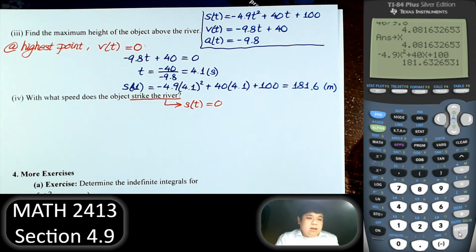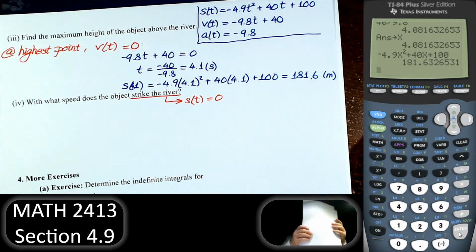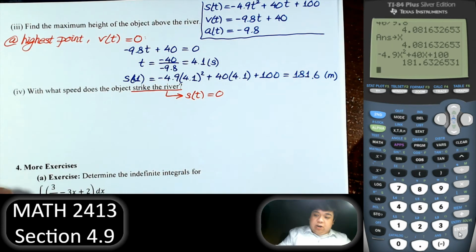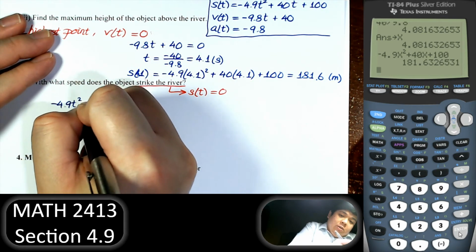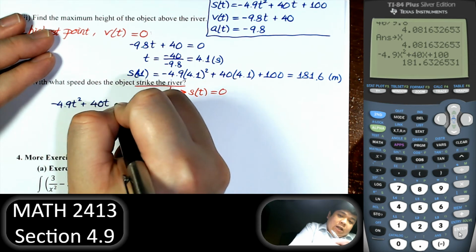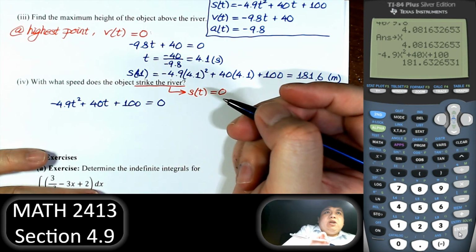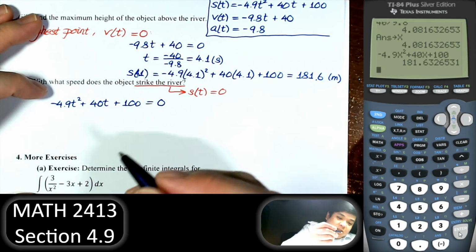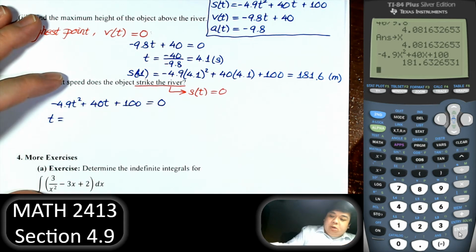Because we assume that the distance is above the river. So in that case, I will let this function equal 0. So we have negative 4.9 t squared plus 40 t plus 100 equal to 0. Of course, we just use the quadratic formula here because the 4.9, I don't want to factor it. And it's not going to be nice and even either. Right, quadratic formula.